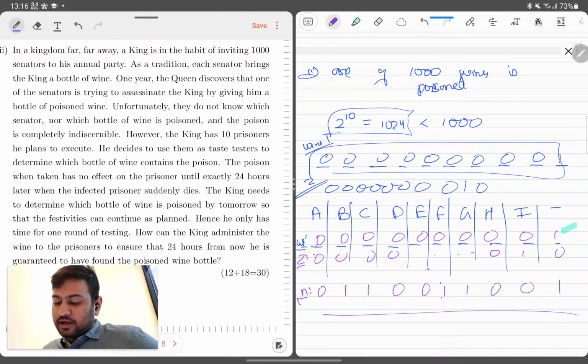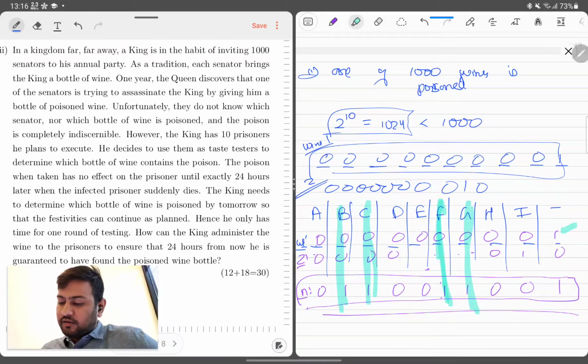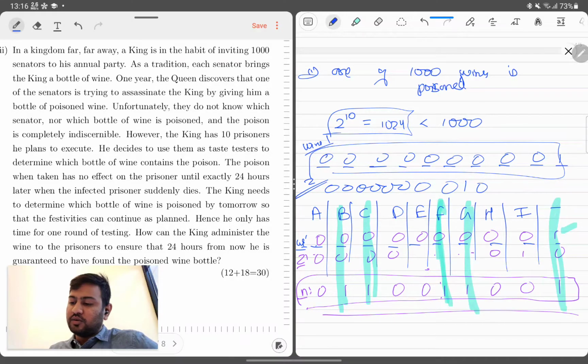So this is the binary code for the nth wine. So you are going to give this wine to prisoner B, prisoner C, prisoner F, prisoner G, and prisoner J. So these are the 5 prisoners you give this wine to.